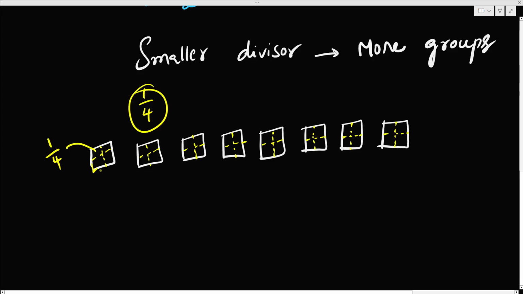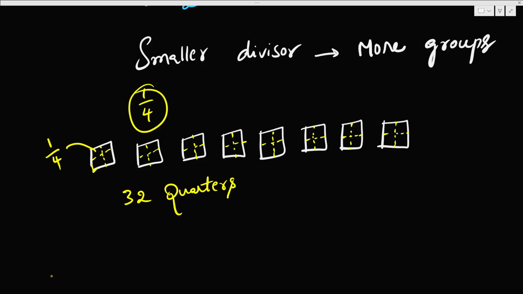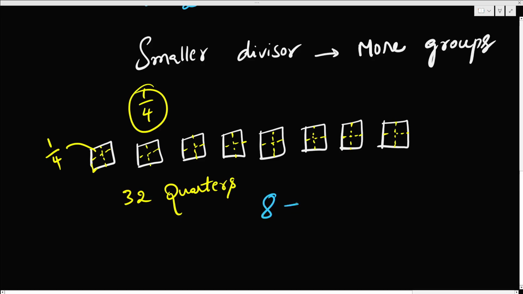Each block contains 4 quarter pieces. So totally 32 quarters. Now 32 quarter pieces fit inside 8. 8 divided by 1/4 equals 32.